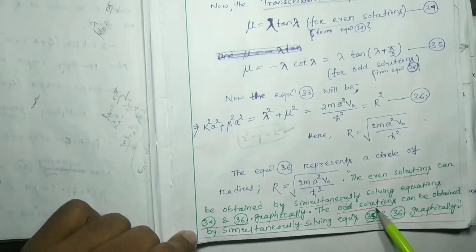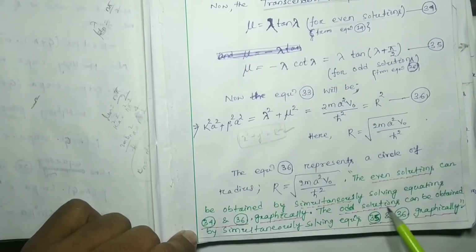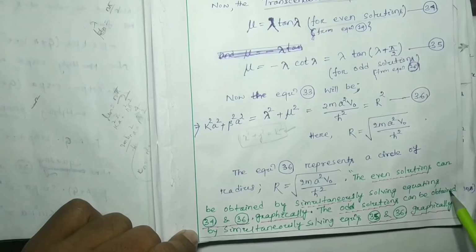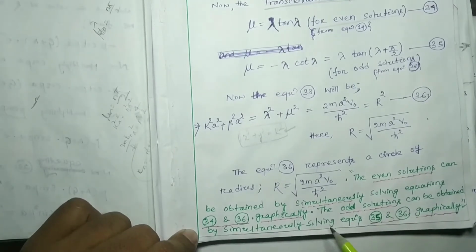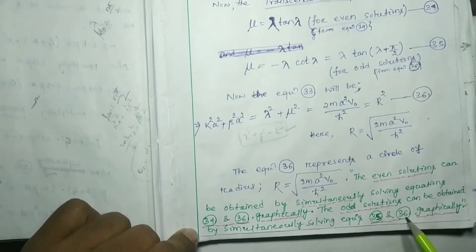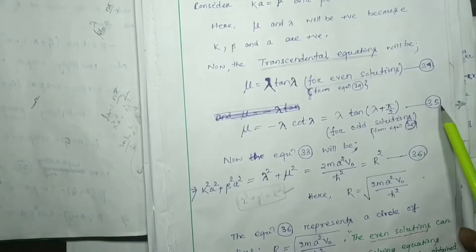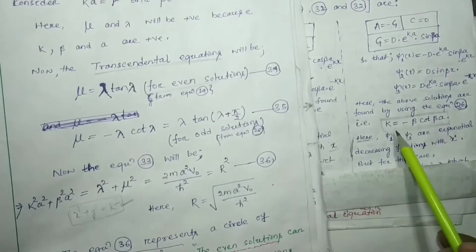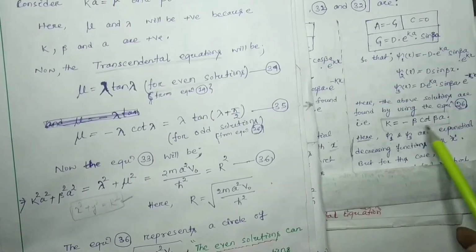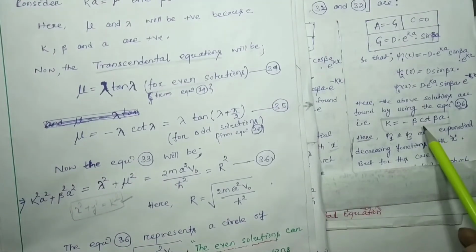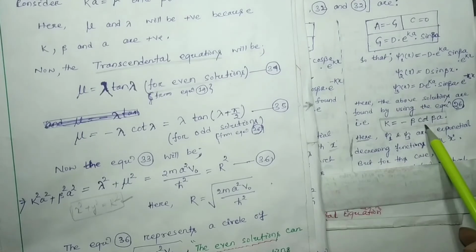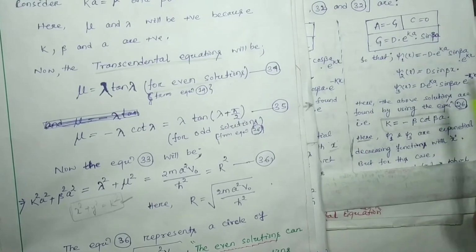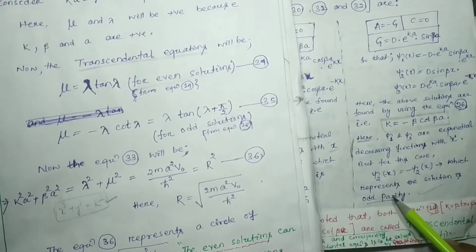Likewise, the odd solutions or the odd parity wave functions can be obtained by simultaneously solving 35 and 36, because this 35 has been obtained by considering this transcendental equation, which belongs to odd parity.